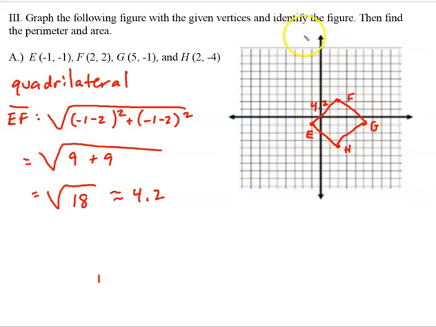What about FG? It looks like a square, but we just don't know for sure. So let's find this segment FG using, again, distance formula. So the difference between the x's squared, +2, and the difference between the y's squared.